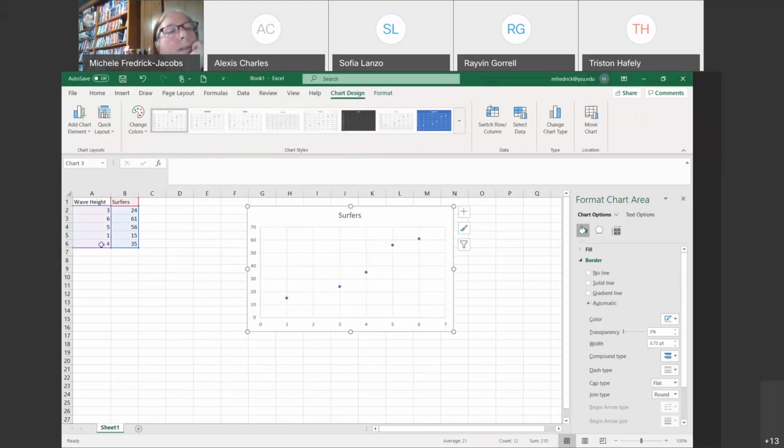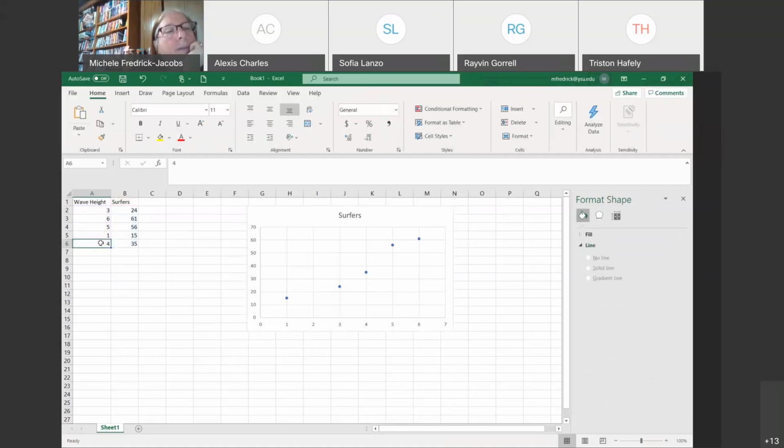Now, say it was 15-foot waves, and there were 5 surfers, that's going to be an outlier. It's out there by itself. A lot of times, if that happened, they probably take those ones out, so then their R value's not so far off.